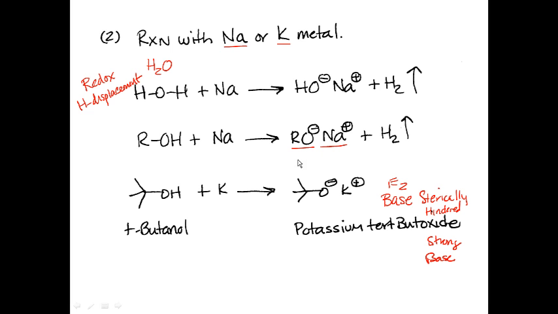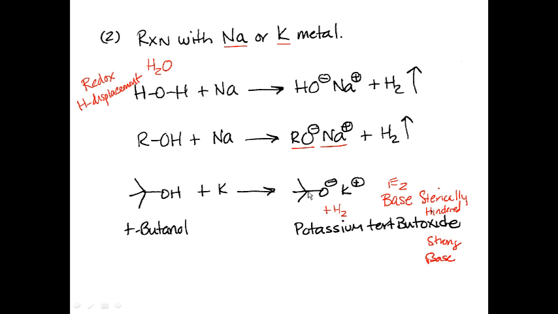So if we reacted our tertiary butyl alcohol with potassium metal, we would make potassium tertiary-butoxide, and of course we would make hydrogen gas over here as the other product. So that's typically how we make potassium tertiary-butoxide.